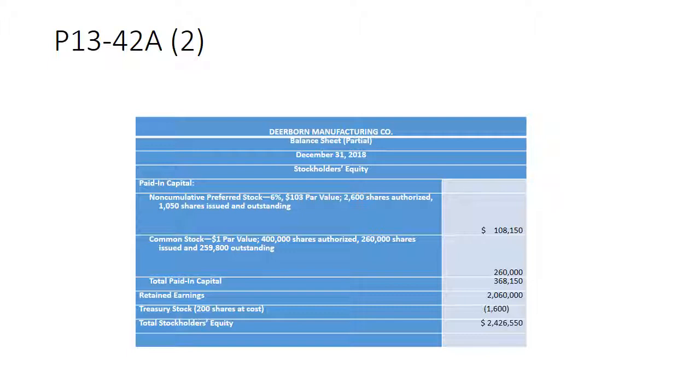So total paid-in capital, how much did this company receive the first time they sold stock? $368,150. It comes right out in part 2 and says, hey, retained earnings has a balance of $2,060,000. So we list that. Two major parts of equity: paid-in capital and retained earnings. Now, since this company still has a treasury stock balance, they have 200 shares that they paid $8 for that they haven't sold yet.